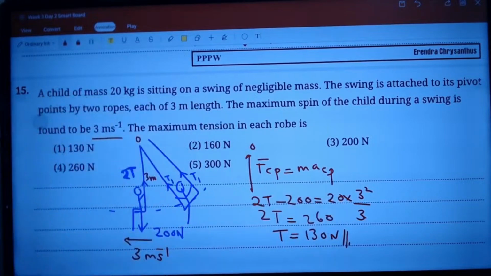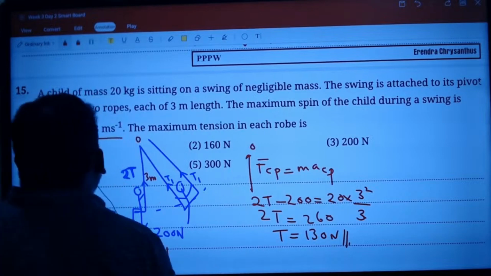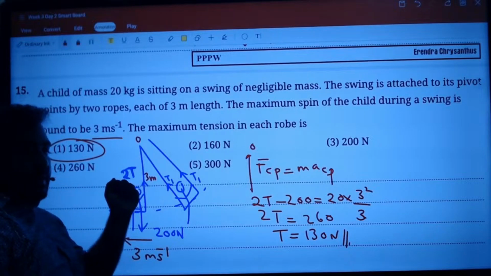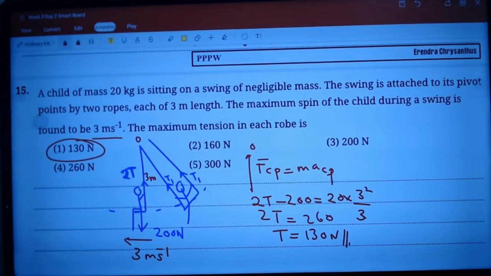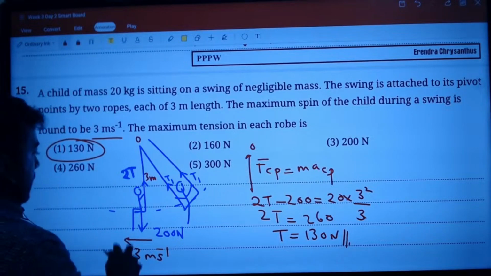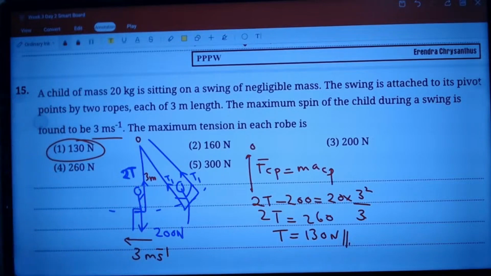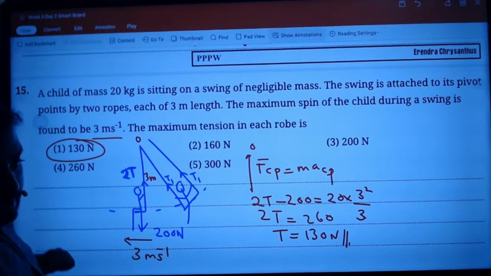So tension is 130 Newton, correct answer is answer number 1. Right there, the centripetal force at the lowest point is provided by both the tensions, and weight is opposite to it. Okay? Right.